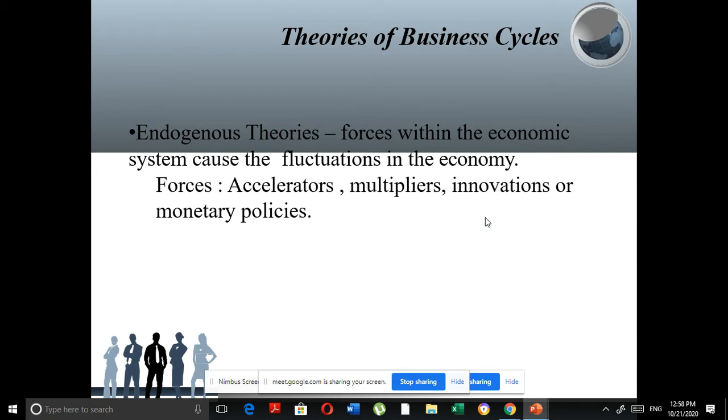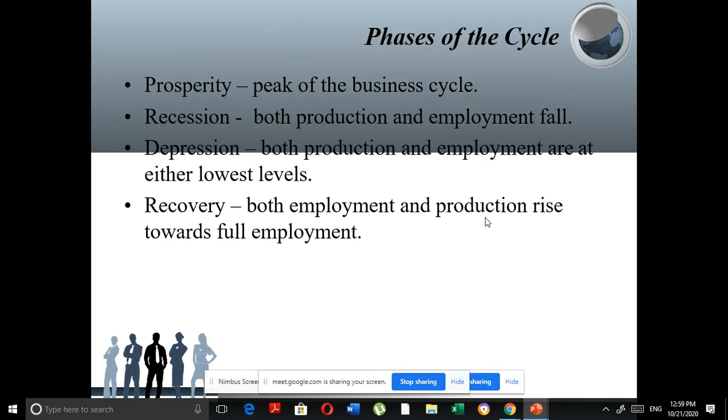So we have two theories of business cycles, inside and outside theories, exogenous and endogenous. Exogenous are forces from outside, and endogenous theories are forces that are inside the economic system, and together they can cause the fluctuations in the economy.